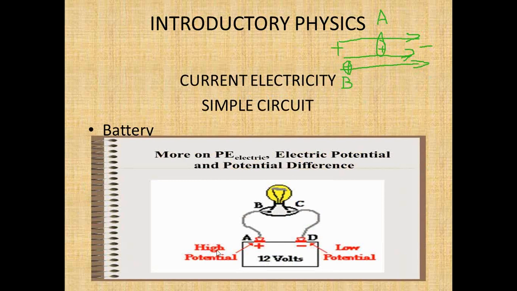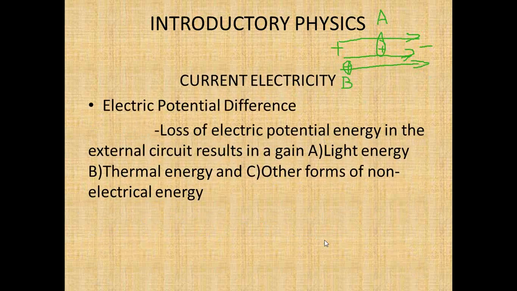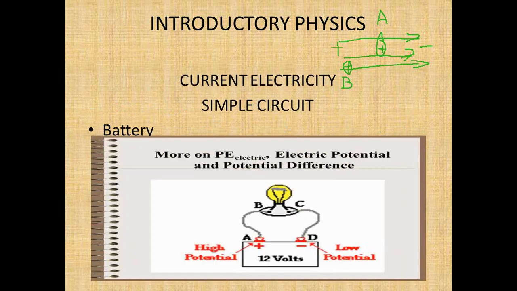So again, if you have a 12 volts battery, you're going to have your high potential terminal and your low potential terminal. Your high potential terminal is going to be at 12 volts.